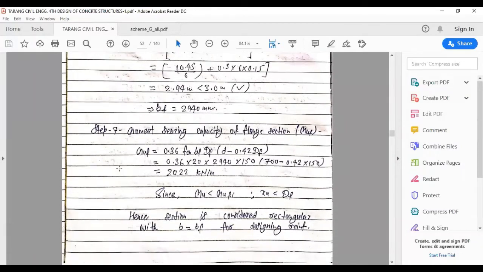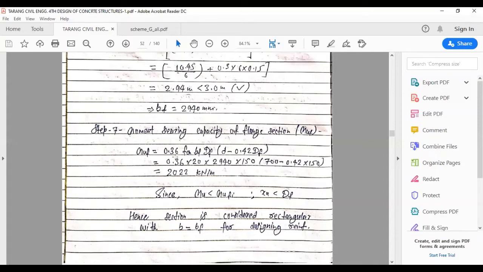Next step is to find the moment bearing capacity of flange section. So it is represented by MUF and given by the formula 0.36 FCK BF DF, and this whole expression multiplied by D minus 0.42 DF. Again, this represents Z, as you know, lever arm.